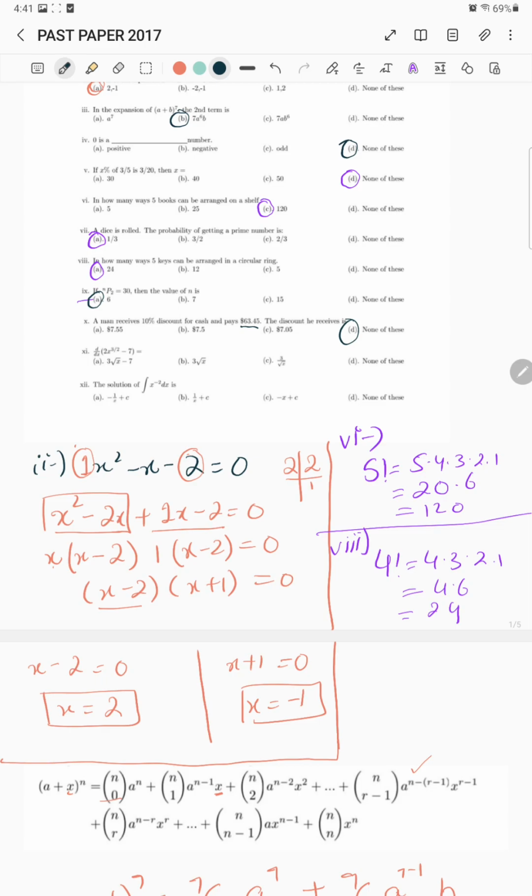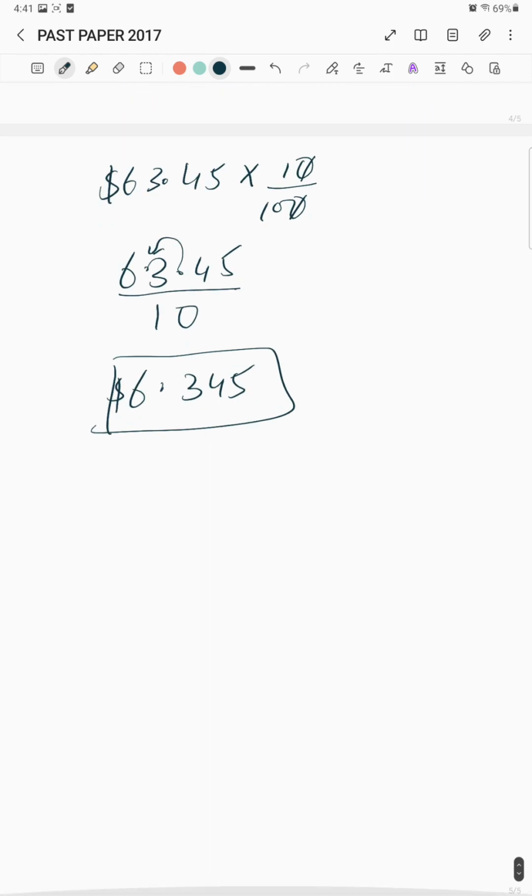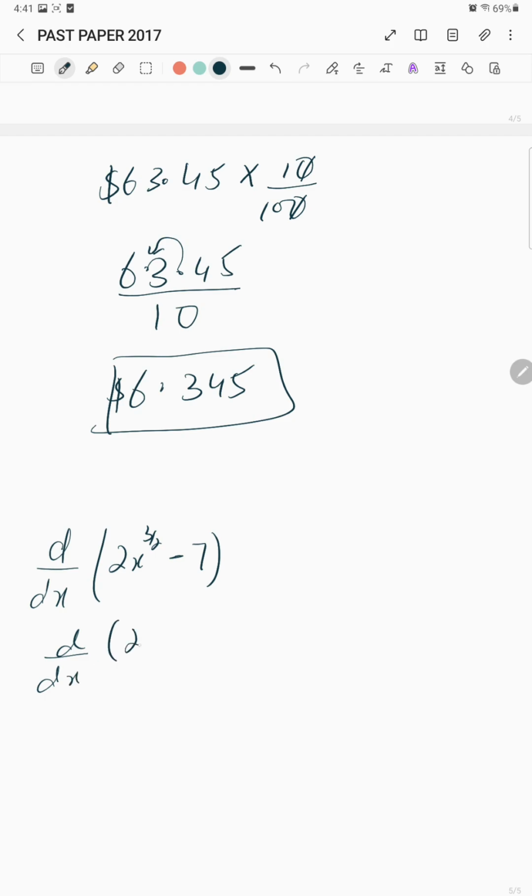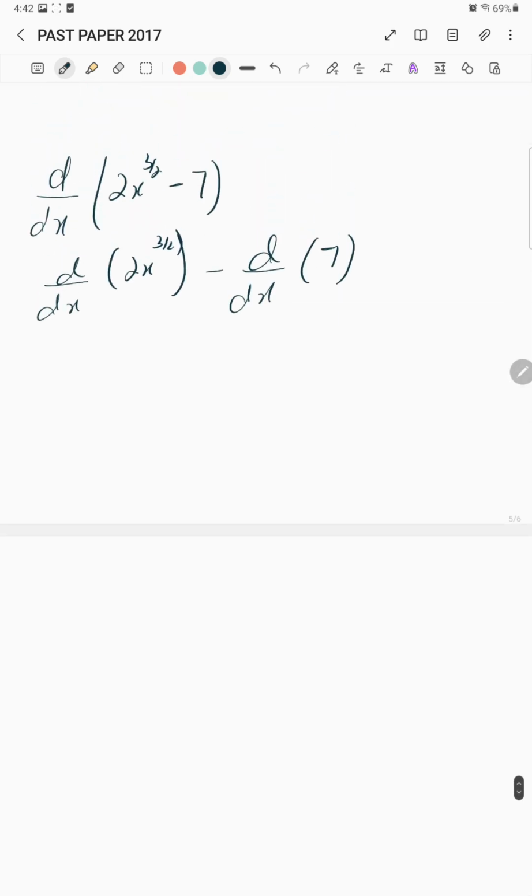Derivative of 2x to the power 3 by 2 minus 7. So the question is d over dx of 2x to the power 3 by 2 minus 7. So write derivative separately. Now 2 is a constant, so 2 will come outside and we will use the derivative for x to the power 3 by 2. So x to the power 3 by 2 minus 1.